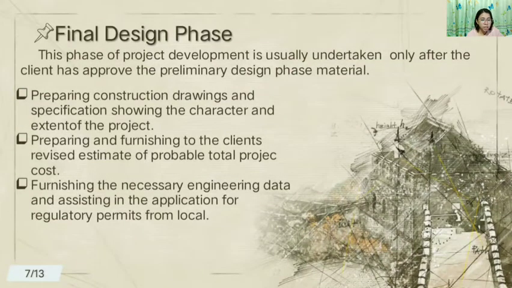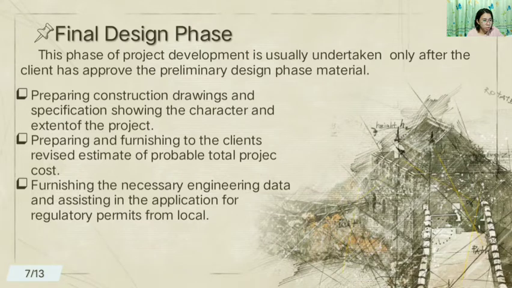Next is the final design phase. This phase of project development is usually undertaken only after the client has approved the preliminary design phase material. So you can proceed to the final design phase only if the preliminary design phase was approved and clarified by the client.